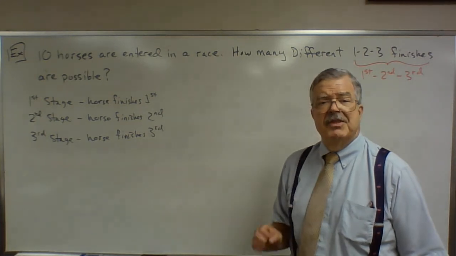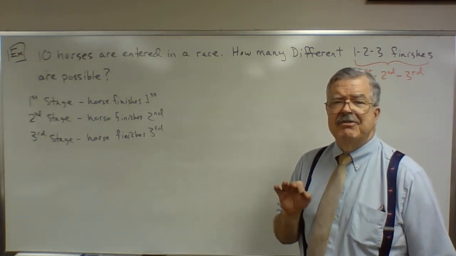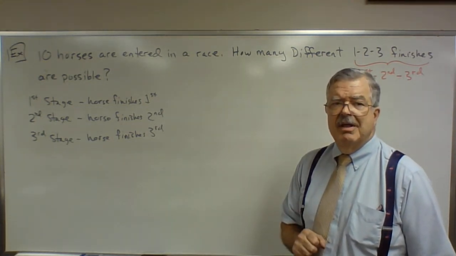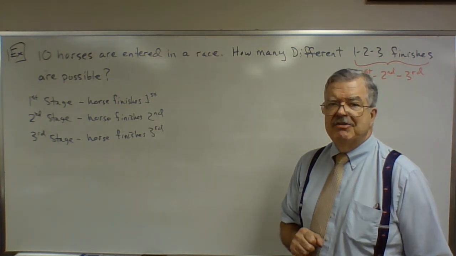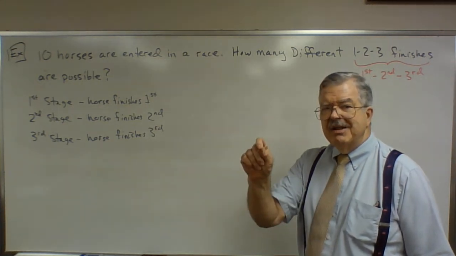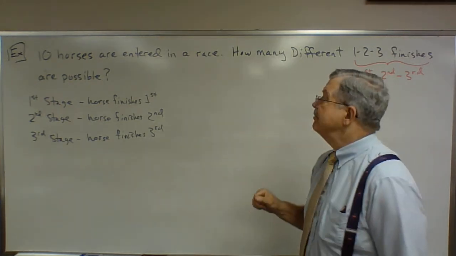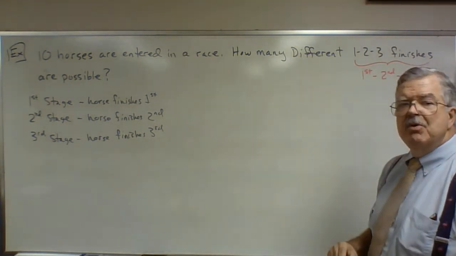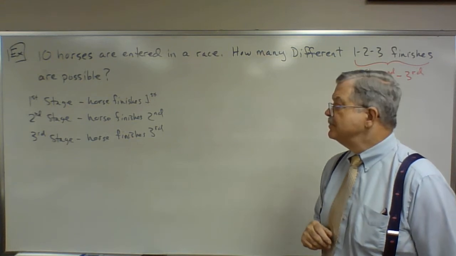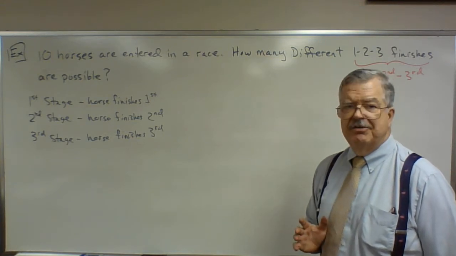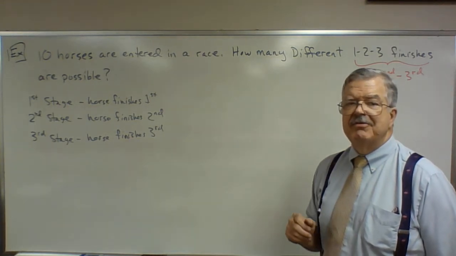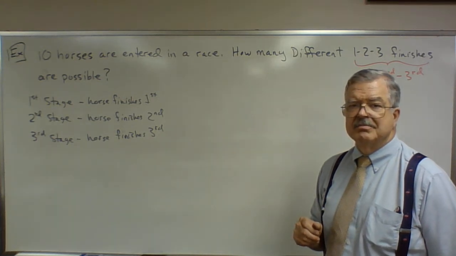So really, this is a three-stage experiment in which we're selecting objects or elements from a pool of elements. We're selecting horses from a set of 10 horses.